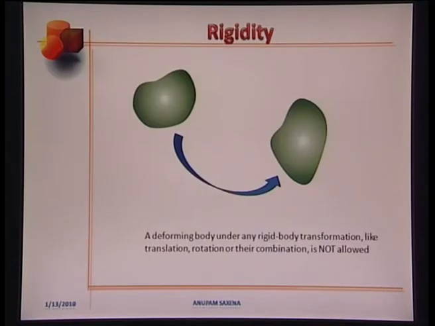Take a look at this example. This is the initial position of the solid, which undergoes rigid body transformation and attains a final position here. A deforming body under any rigid body transformation, like translation, rotation, or the combination, is not allowed.